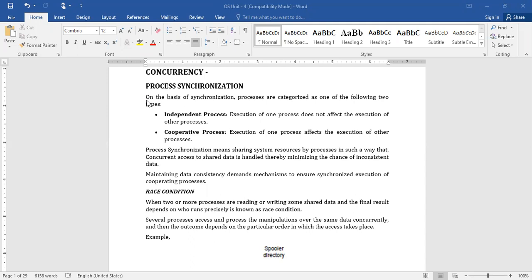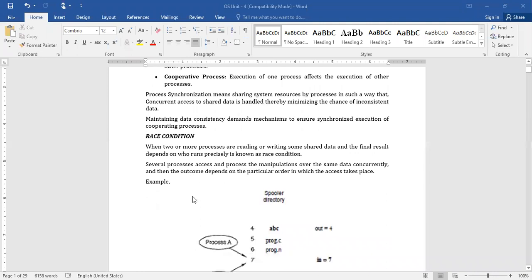These things you are supposed to understand. Race condition means when two or more processes are reading or writing some shared data, and the final result depends on who runs precisely when, it is known as a race condition.